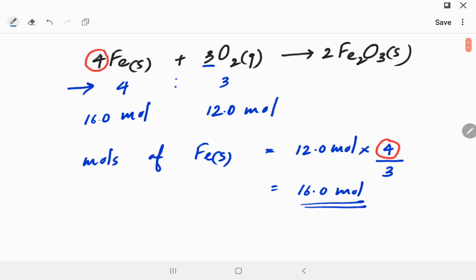All you need is a well balanced chemical reaction and the mole factor between two different components of interest. For this calculation, we don't need this number 2, because this calculation does not involve iron 3 oxide. That is how you do this calculation.